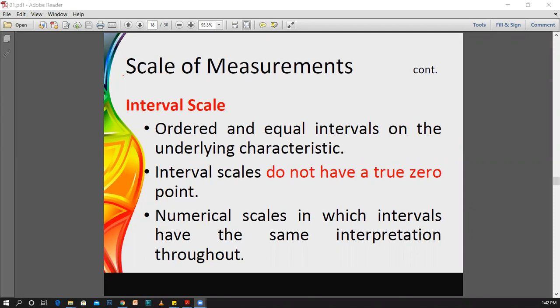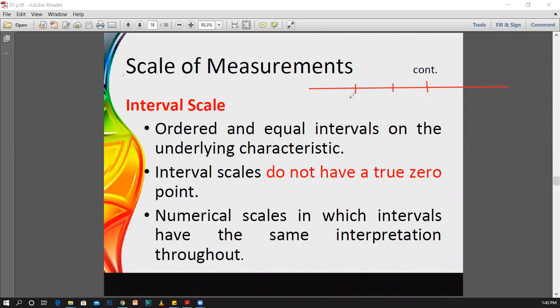As an example, if you take the temperature of the day, then you may have 20, 30, 40, likewise you may have the values.